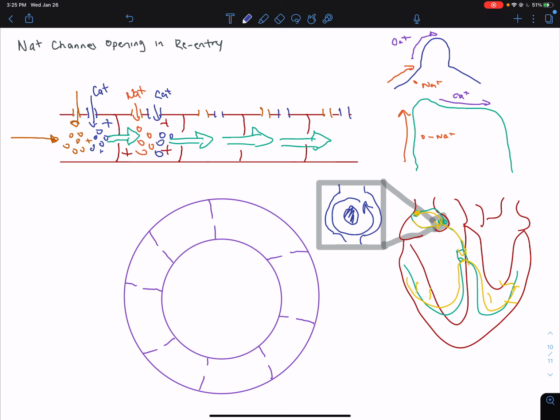So it's the presence of that accessory pathway that turns a linear track into essentially a fork in the road, or a roundabout, or a circle.